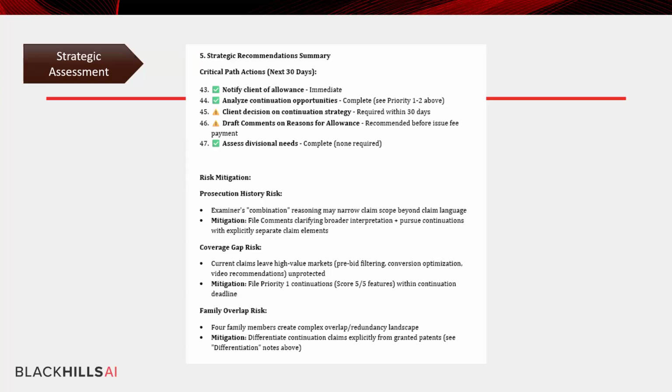Finally, as we get down to the end of the document, we get a summary of critical path actions, some of the strategy pieces, what might need to be looked at for risk mitigation, gap coverage, and quick bullet points around what is or is missing from family coverage as well.